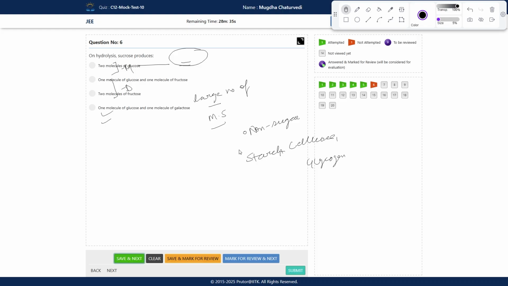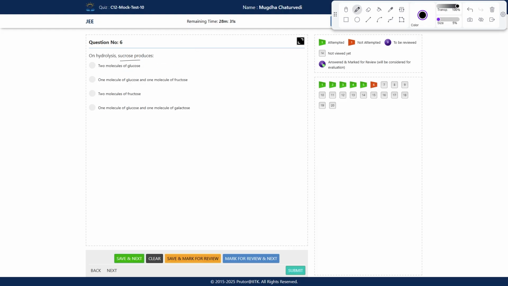Now the next question asks what sucrose produces on hydrolysis. First of all, sucrose is a disaccharide, so that means it will yield 2 units of monosaccharides. The molecular formula of sucrose is C12H22O11.